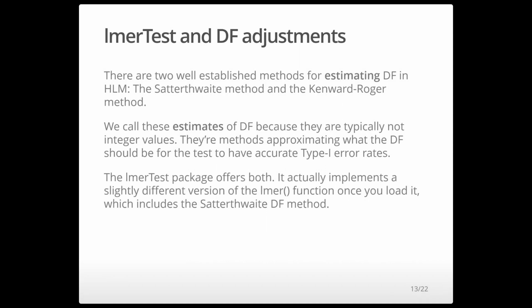So there are two well-established methods for estimating degrees of freedom in HLM, the Satterthwaite method and the Kenward-Roger method. And these are estimates of degrees of freedom because they're not integers, and conceptually degrees of freedom have to be integer values. What these methods are doing is estimating what the degrees of freedom should be to preserve appropriate type 1 error rates.